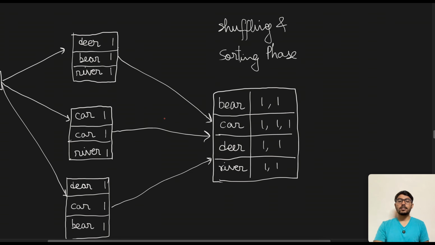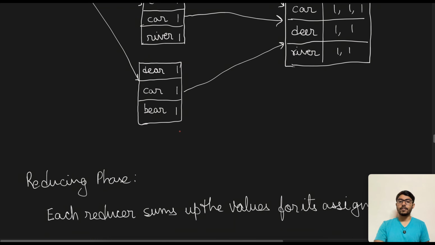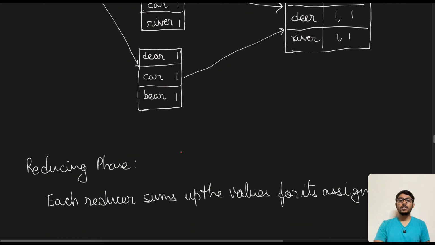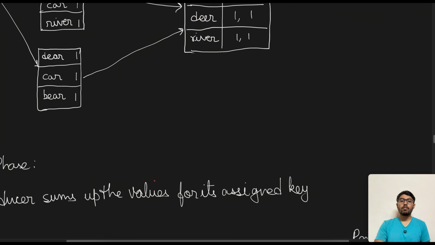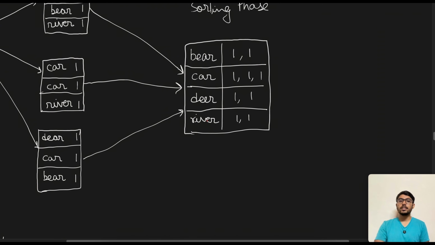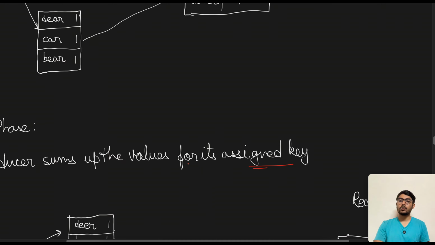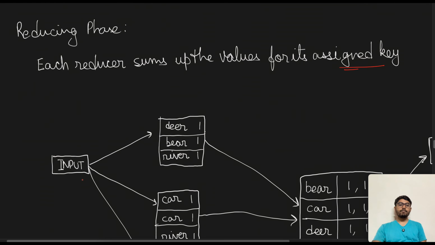So that is done. Next, the reducing phase, right. Inside the reducing phase, each reducer sums up the values for its assigned key. So we are seeing that the keys were the words themselves, which will now be assigned to their particular sum or word count.